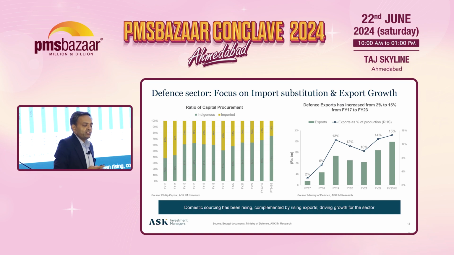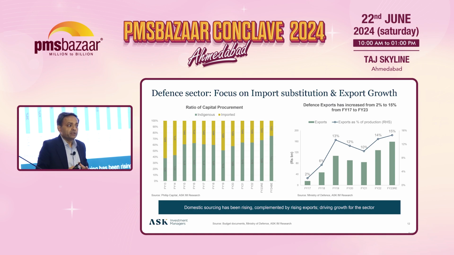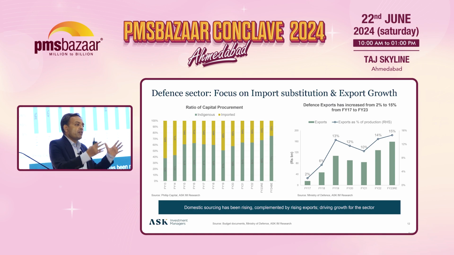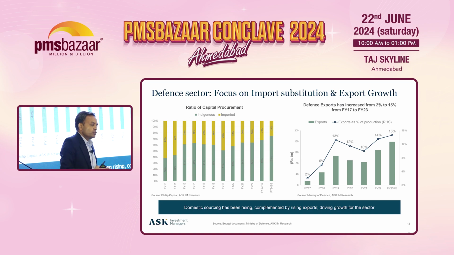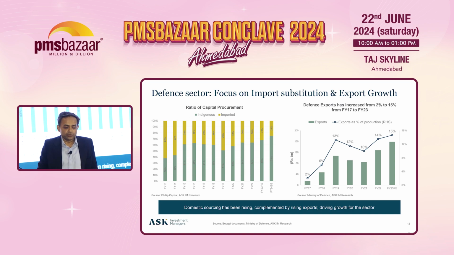The second aspect is the fact that now we are exporting. We are exporting to countries in Asia, we are exporting to countries in Africa, and these markets historically took a far longer period of time to approve our products. But now, you just see the kind of increase that we are seeing. Let's say from a low level of 2%, that number has gone up to more like 15% last year.